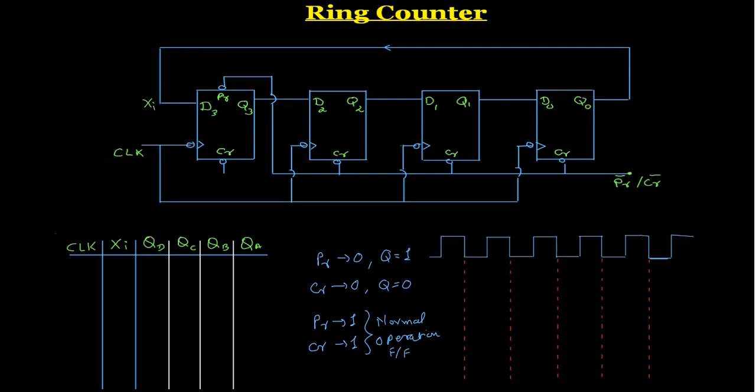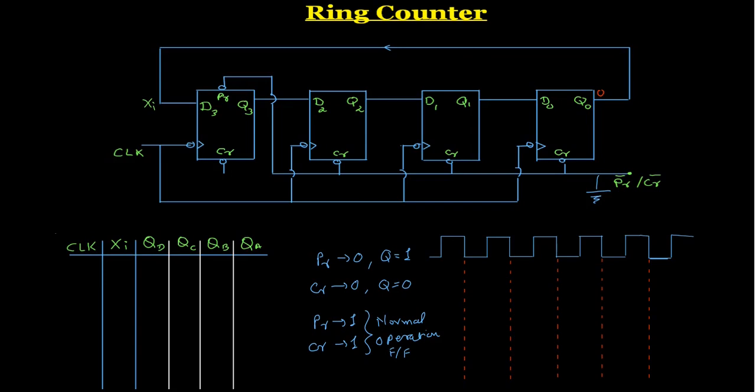So when this preset clear input is connected to the ground, remember initially it is connected to the ground, it means the clear input is 0. So this flip-flop is going to be reset.